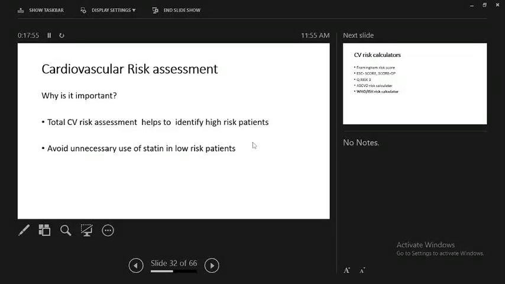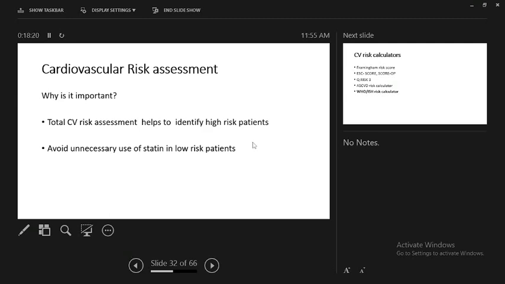This is important because by this we can identify the patients who have high cardiovascular risk, and we can reduce the cardiovascular risk by intensification of all treatment modalities. And also we can avoid unnecessary use of statin in low risk patients.